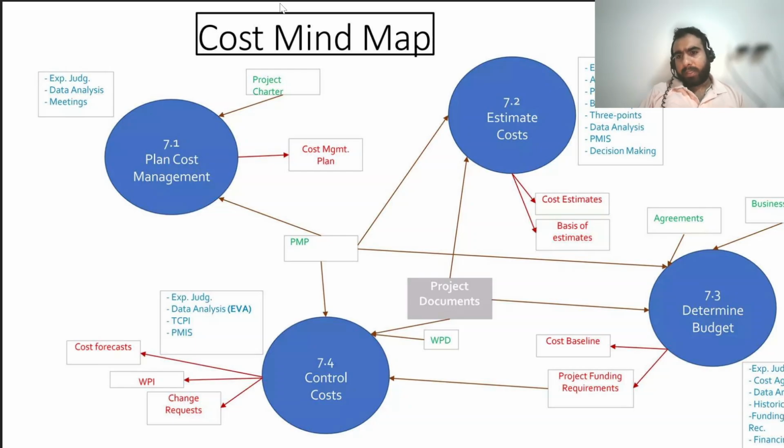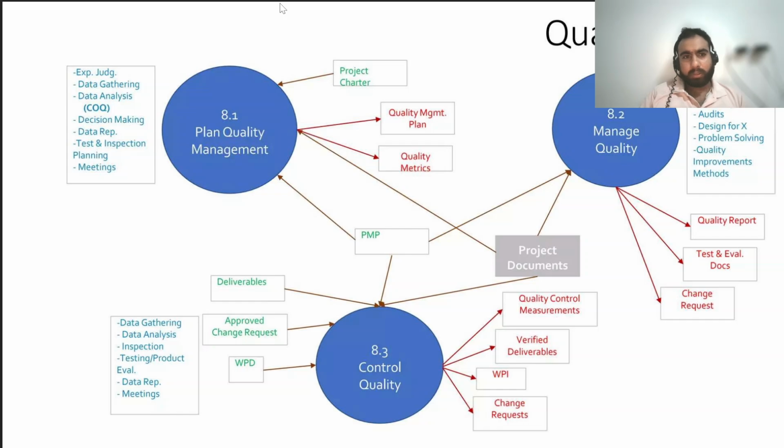We will estimate the cost basis of estimate. We will control the cost with the help of forecast, change request, cost baseline, with the help of which we are going to measure the cost, how much budget we have exhausted.